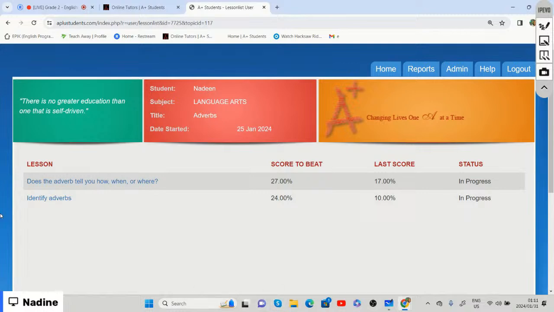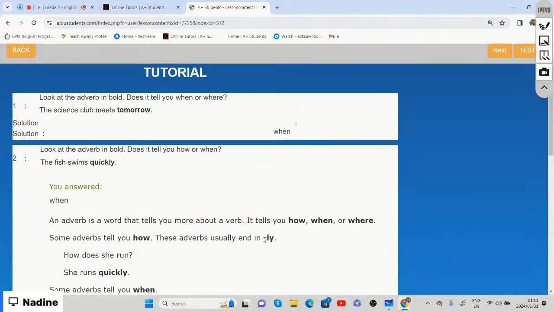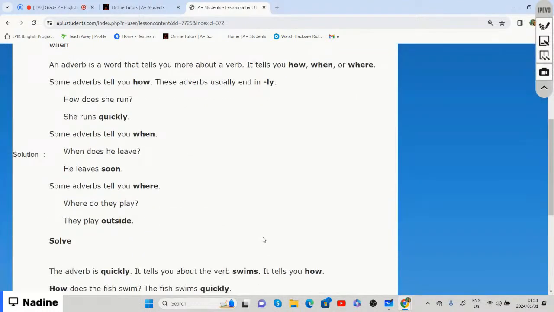So does the adverb tell you how, when, or where? An adverb is a word that tells you more about the verb, and it tells you how, when, or where.